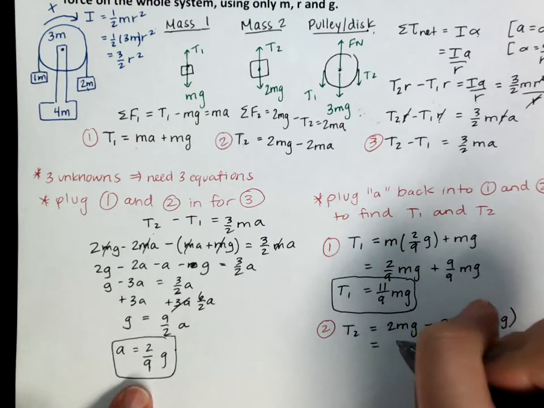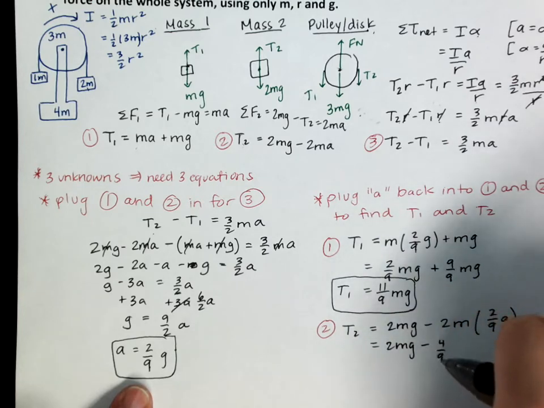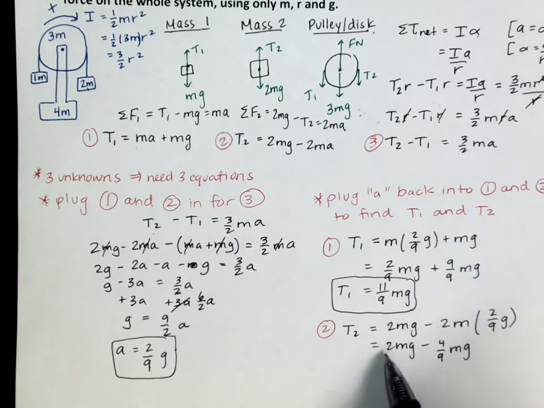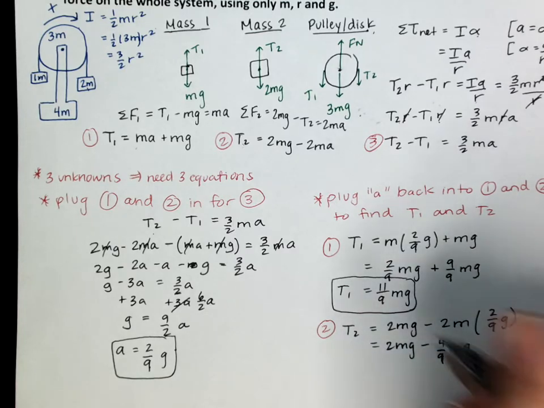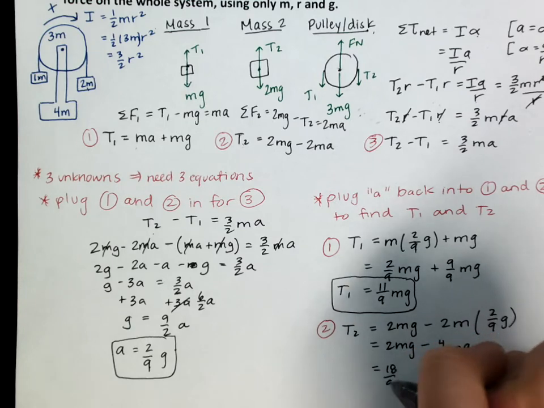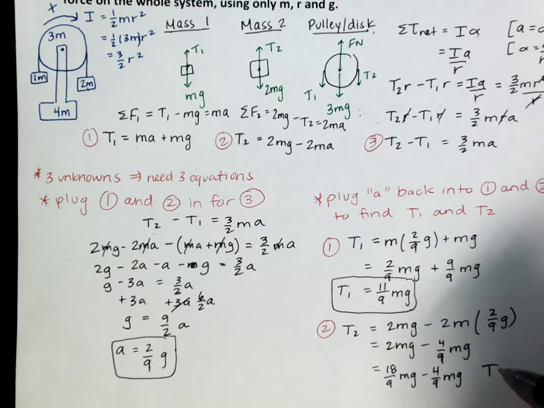So we get 2mg minus 4/9 mg. Okay, well, we want to be in terms of ninths, so 2 would be 18/9. So we're left with T2 is equal to 14/9 mg.